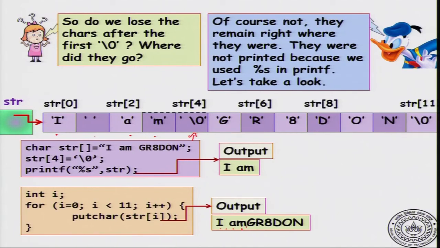What do you mean by printing a null character? It may not print anything. It may be just skipped, but then it goes on to the next character, gr8don, and there it stops because it does not print the 11th character. So, the null character in this example is not printed.